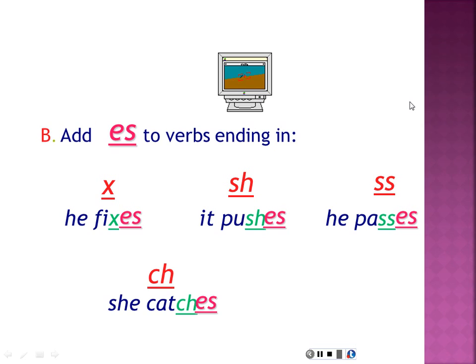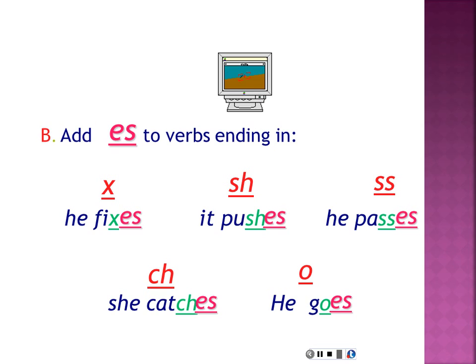The next example, ch, she catches. The last sound is ch, catch, she catches, so we also add es. The last case, when we have o, like go or do, both of those verbs have o at the end.